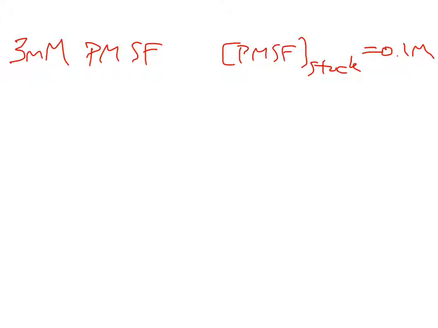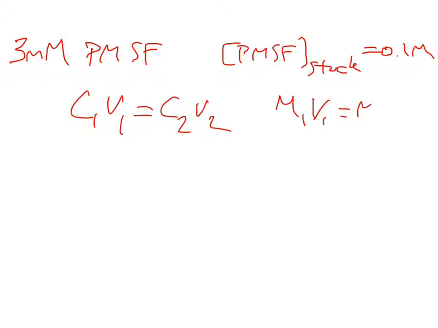And remember, for dilutions, you might use this equation: C1V1 equals C2V2, or if you like M's, M1V1 equals M2V2. I like M's. My name's Mauser, so it's easy for me to enjoy the M. If your name is C or you like C's more, go ahead and use that one. It really doesn't matter. They're the same thing.